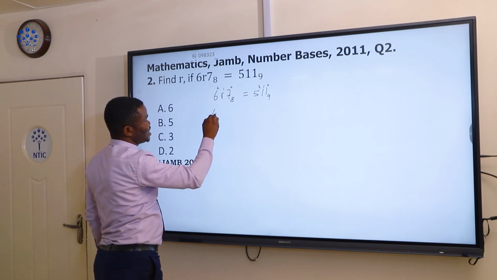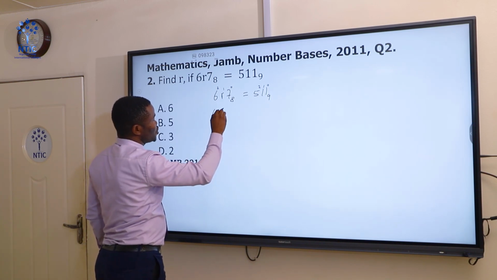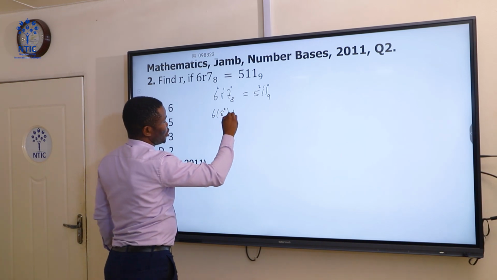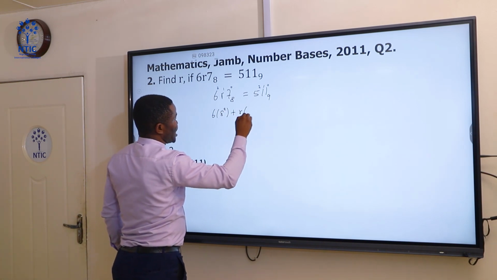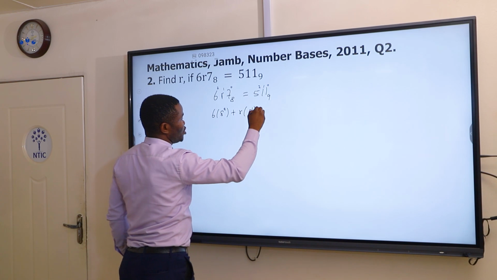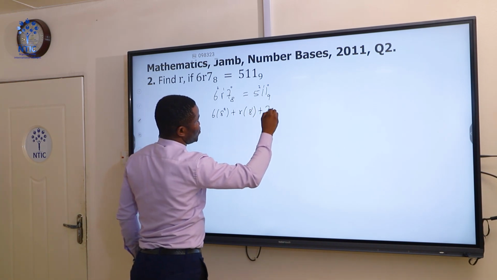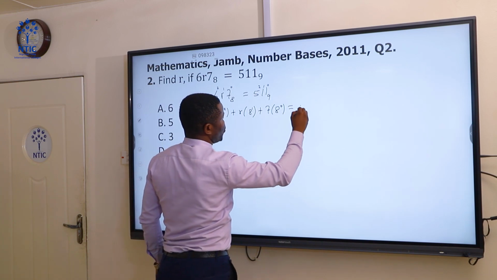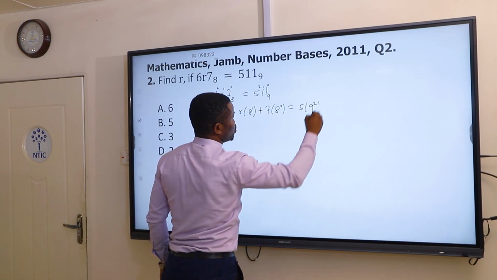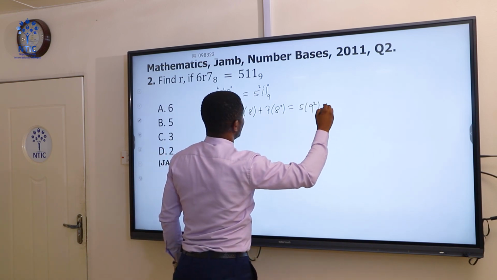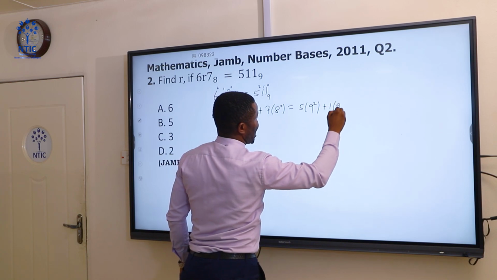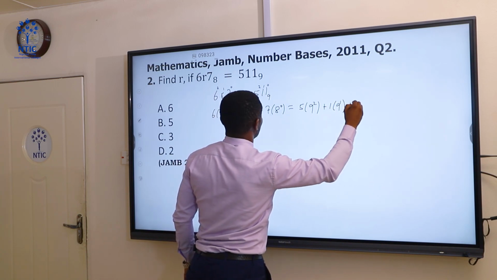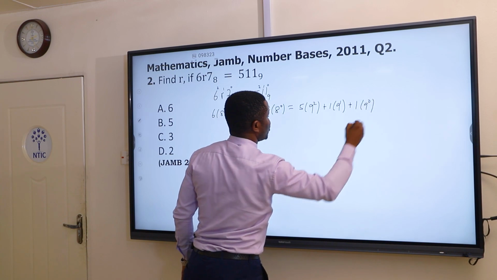This is going to be 6 times 8 raised to power 2 plus r times 8 raised to power 1 plus 7 times 8 raised to power 0 equal to 5 times 9 raised to power 2 plus 1 times 9 raised to power 1 plus 1 times 9 raised to power 0.